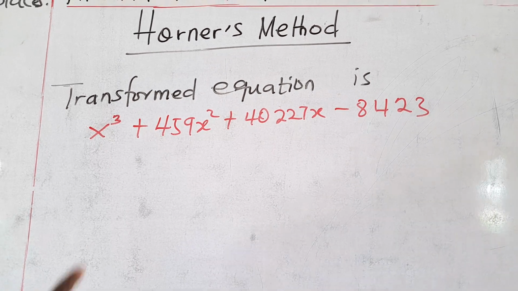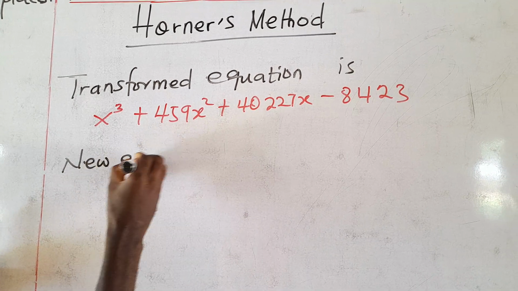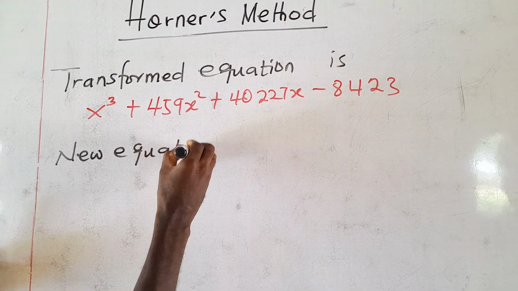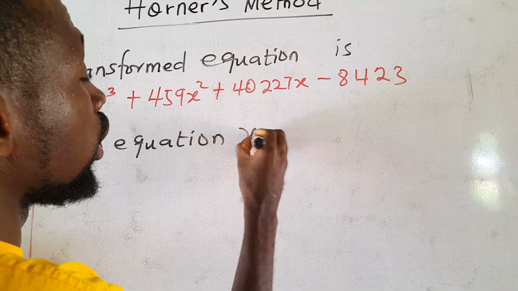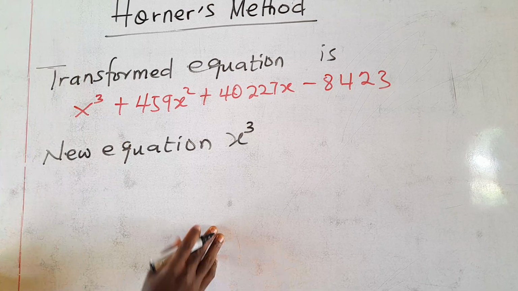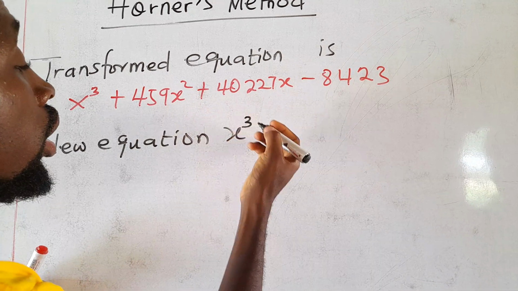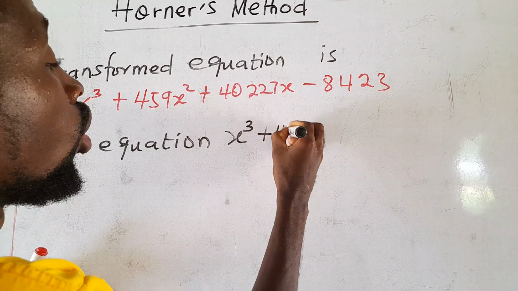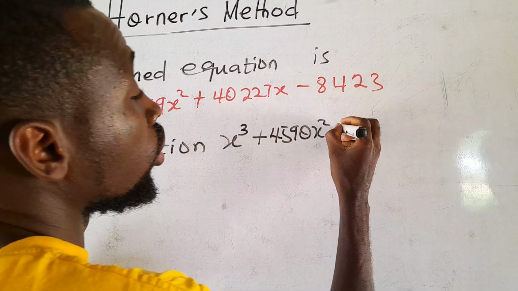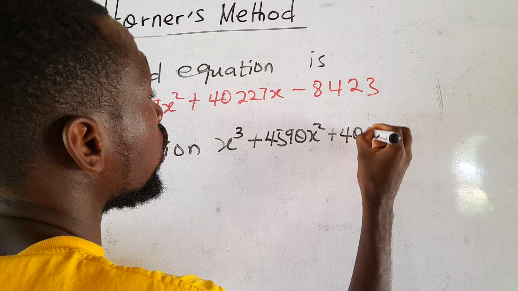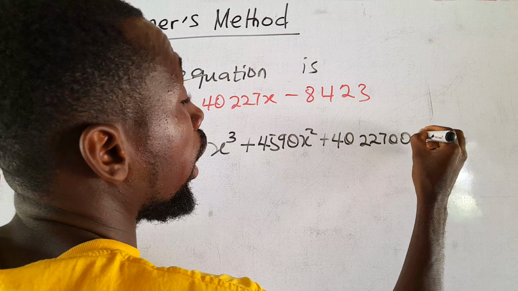So, having formed our transform equation, we'll find a new equation. So our new equation, remember, is by multiplying this by 10 exponent 0, and that's 1. So we'll still have x exponent 3. Then multiplying this by 10 exponent 1, so that will be 10. So we have plus 4590x squared. This by 100. So we get plus 4022700x.